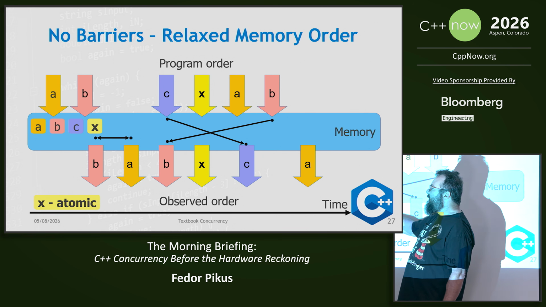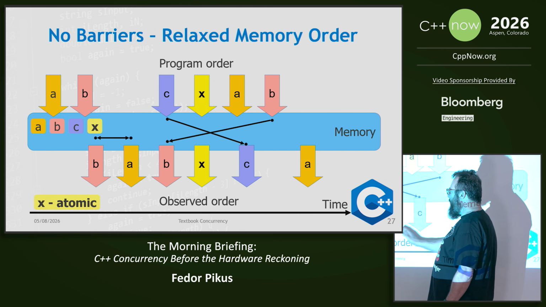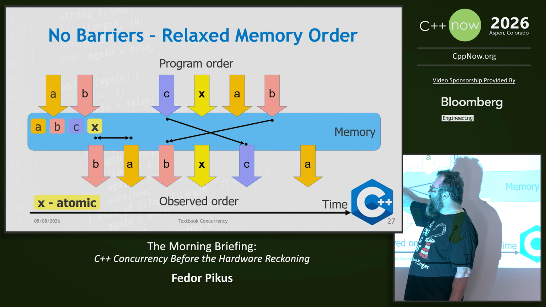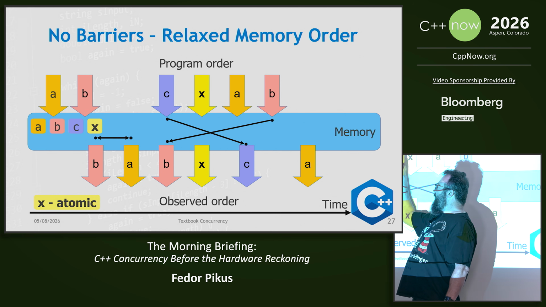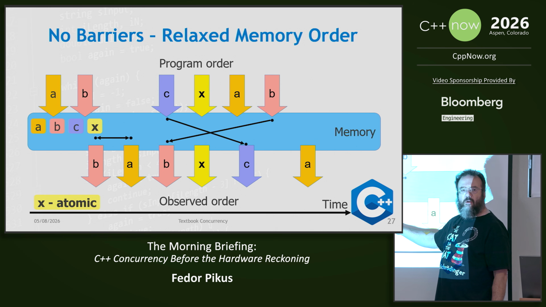So essentially the visibility of this change moved past the atomic change. The write happened in the past, because remember, this is now. The write happened in the past, but the observation happens in the future.